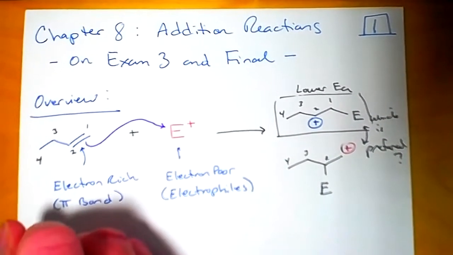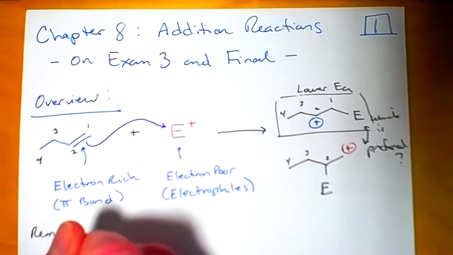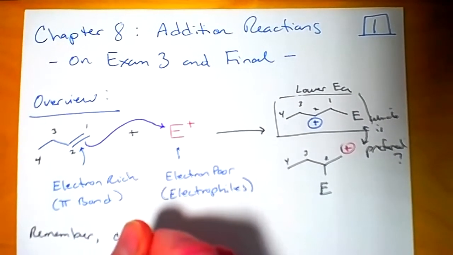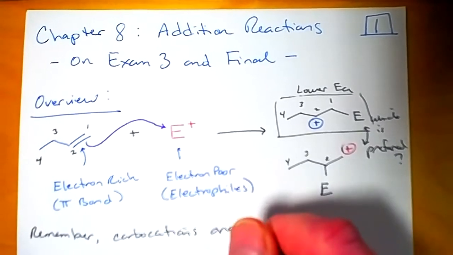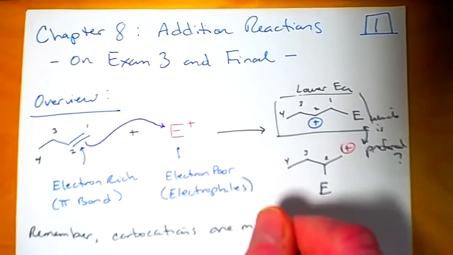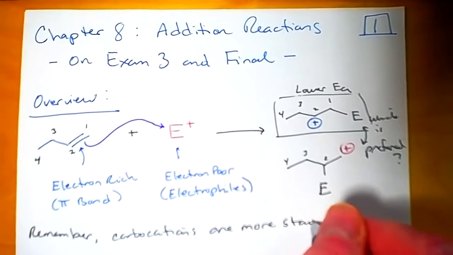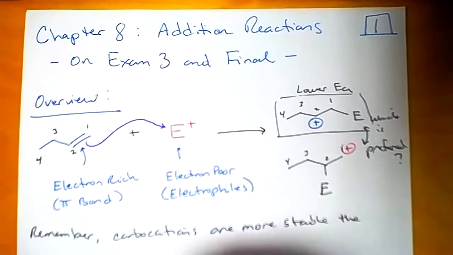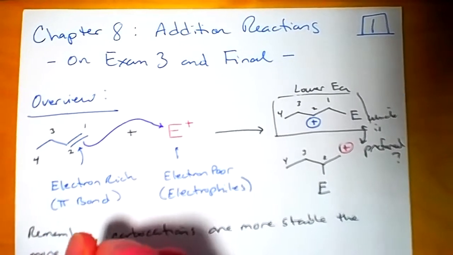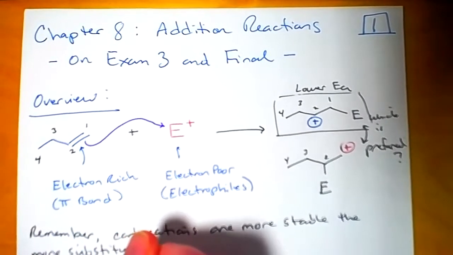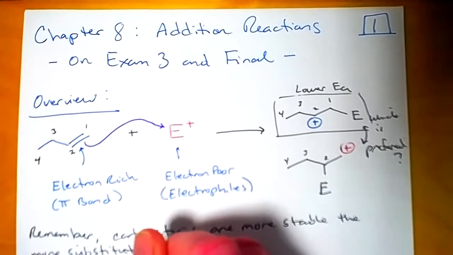So remember, carbocations are more stable the more substituted they are.